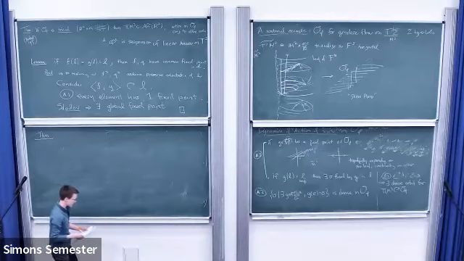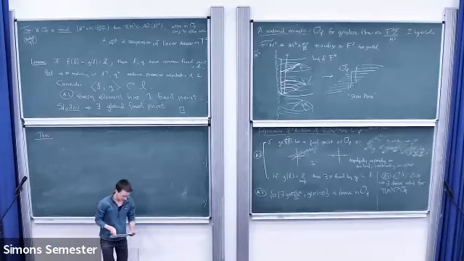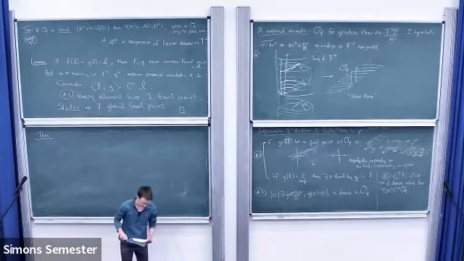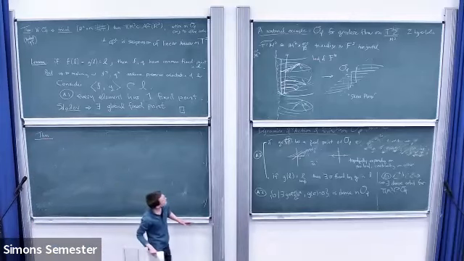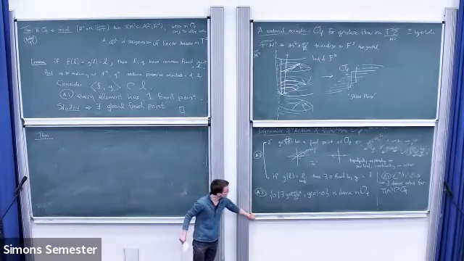So the version for flows was proved independently by Fenley and Barthelmé around 1994 and 95. I'm going to state it to emphasize that it's only proved using this list of things.